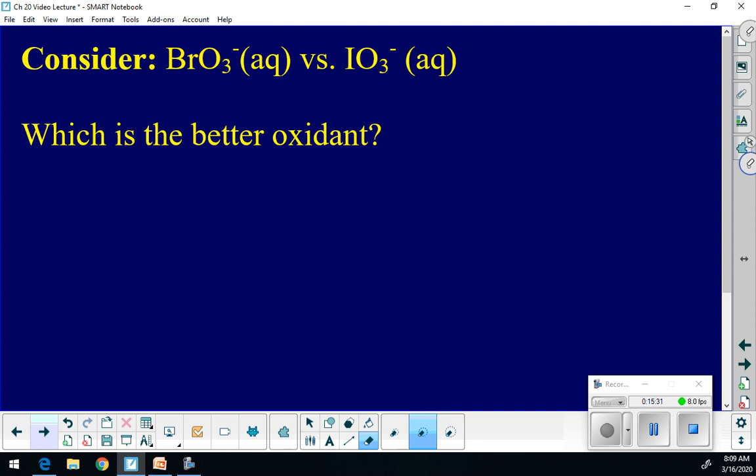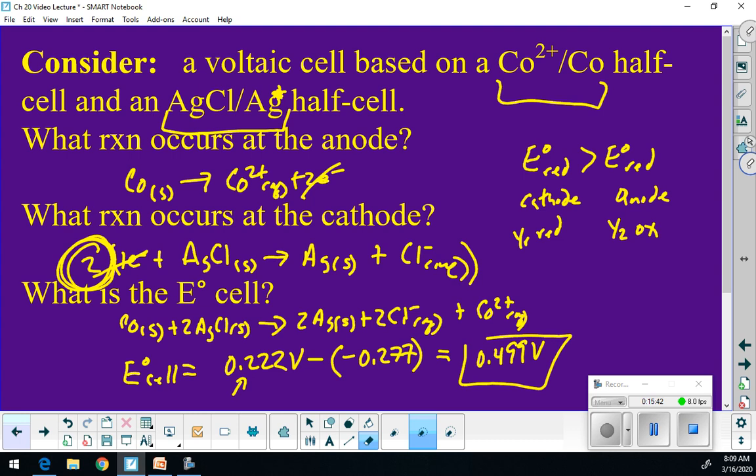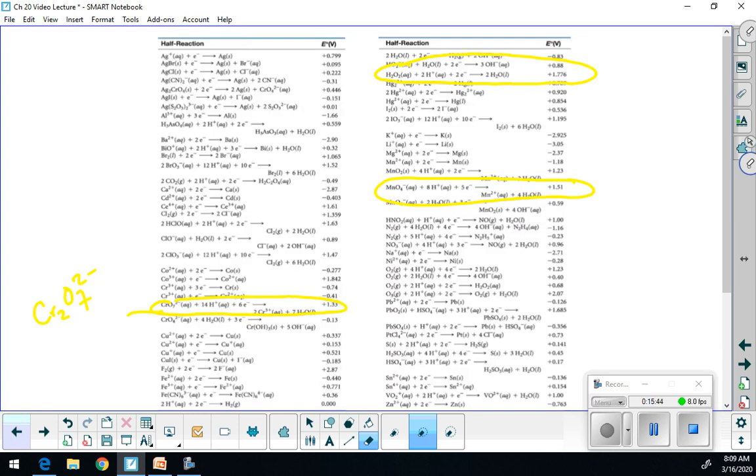So then, which of these is a better oxidant? Well, what am I going to look for? I'm going to look for their standard reduction potentials. So I want to know bromate and iodate. BrO3 minus is 1.52. I have to write this down.